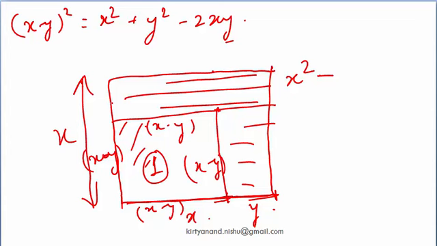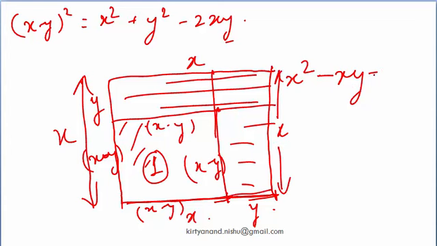This area is what? This is x minus y, so this is y, and this is side x, so the area is xy. So we subtract xy. Again we subtract this area also, which is a rectangle of sides x and y, so again minus xy.